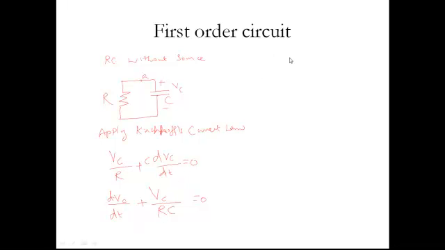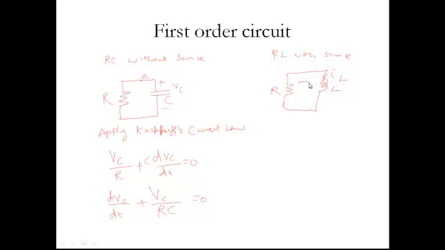Okay. Similarly, when you are having an RL circuit without source, you are having only resistance and inductance. Okay, so this is a series combination RL circuit. If you are having an RL circuit, what you need to understand is it will store energy in magnetic field. Therefore, we are interested in finding only the current through the inductance.